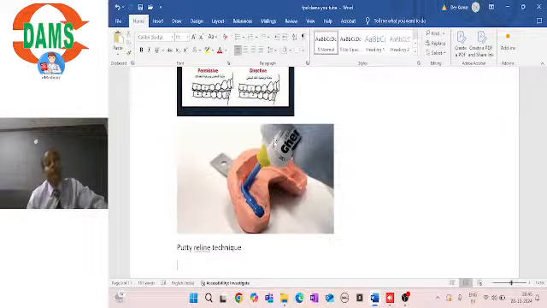You have to reduce all the undercuts, anteriorly the labial undercuts, whatever they are. Otherwise, it will not seat, and there will be a lot of distortion in the impression. So the question is: in the putty reline technique, what is the major problem? The major problem is that we don't know whether we are reorienting the impression at the same place the second time or not, right? So, putty reline technique.